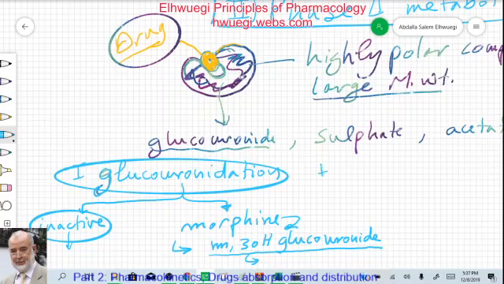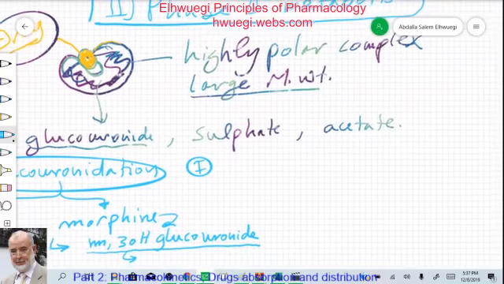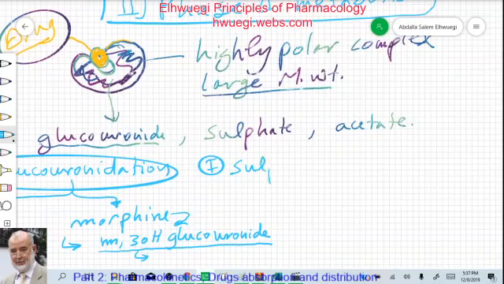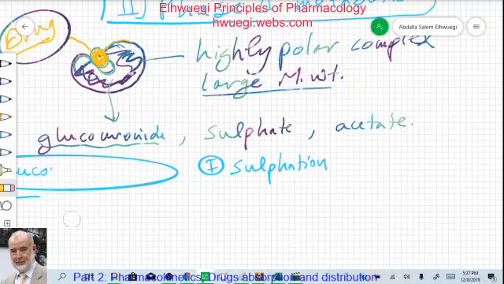The second type of conjugation takes place with sulfate, a process known as sulfation. Sulfation as well, in most cases, produces an inactive metabolite.